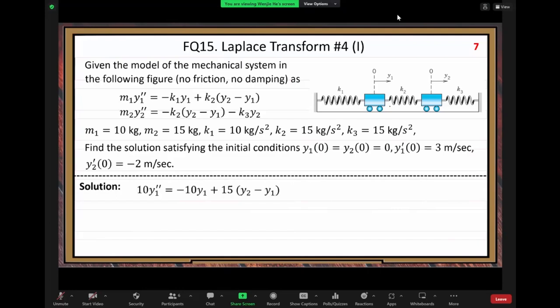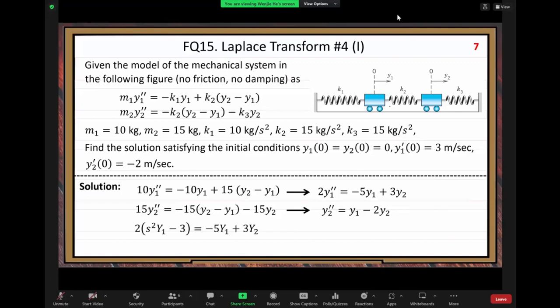The first equation, the second one, after simplification we get these two. And our homework, after simplification, is even simpler than these two. Then we take the Laplace transform, left-hand side and right-hand side.